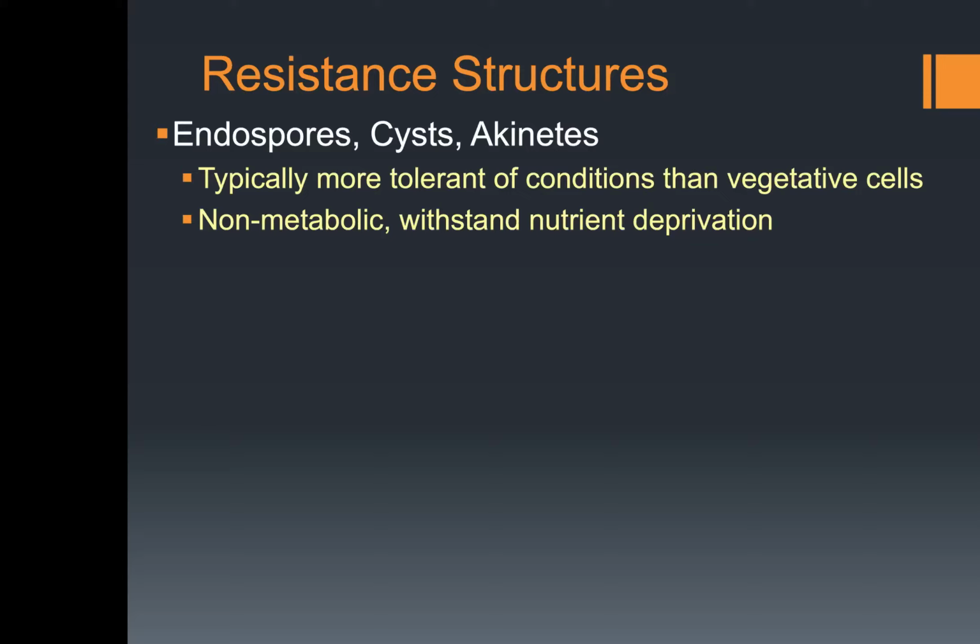Typically, these are non-metabolic cells, so that's the big change. Vegetative indicates that they're growing and active, whereas these are non-metabolically active cells. They're basically just sitting there waiting for conditions to get right.